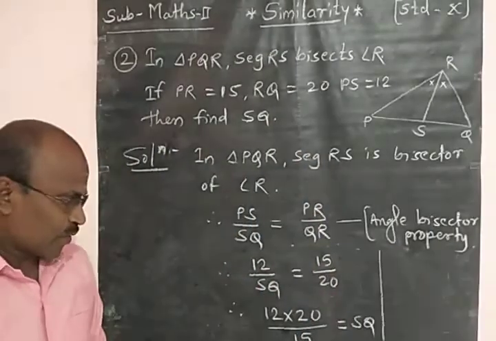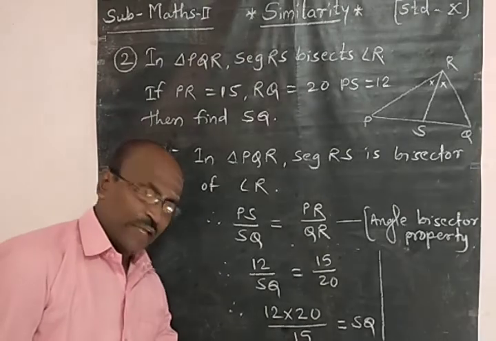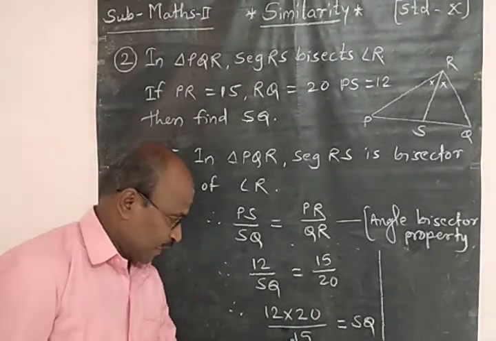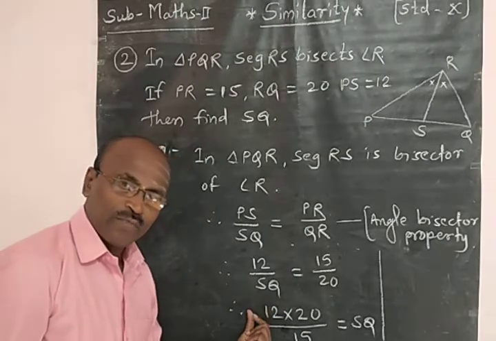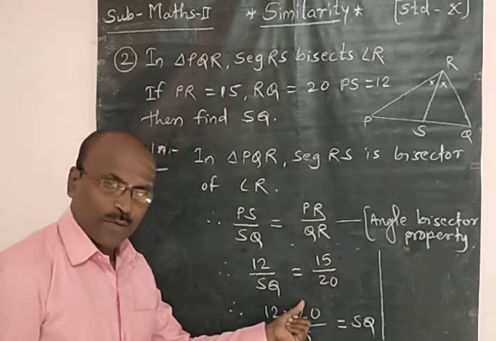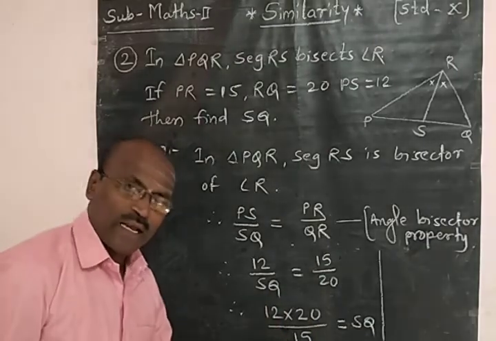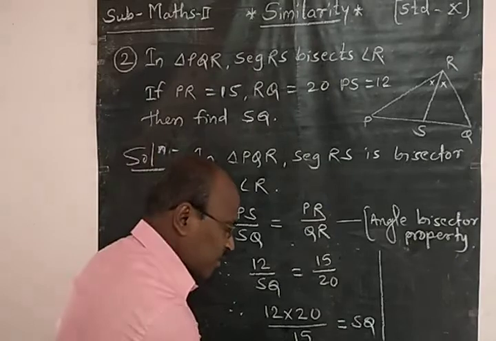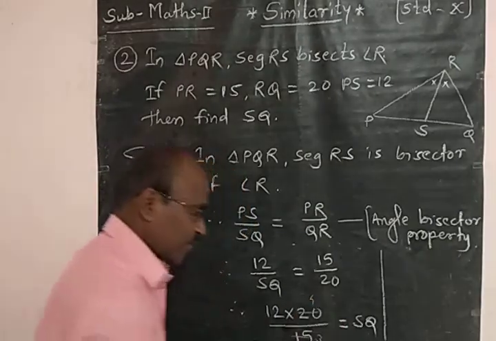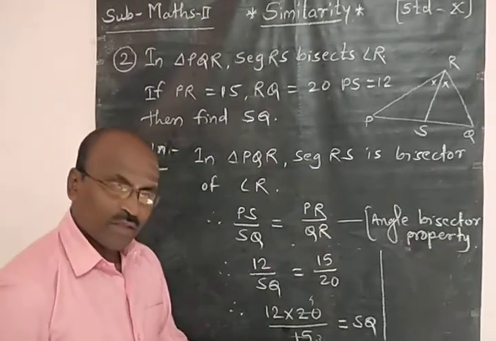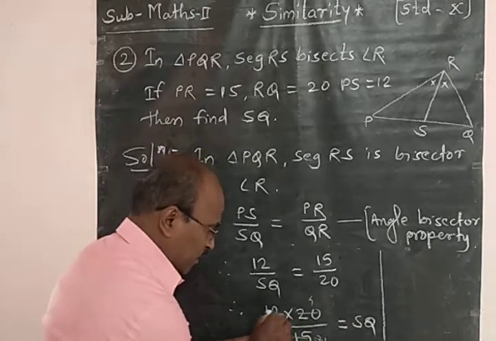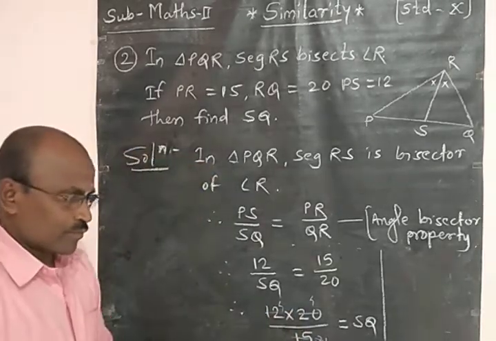Now divide by 5 to 20 and 15 or divide by 3 to 15 and 12. 3 ने भाग आला तो 5 ने भाग आला. 5 ने भाग घातला की 15 ने 20 ला भाग जातो. 3 ने भाग घातला की 15 ने 12 ला भाग जातो. 5 ने भाग घातला समजा इथं 5 3 जा 15, 5 4 जा 20. Again divide by 3 to 12. So 3 1 जा 3, 3 4 जा 12.